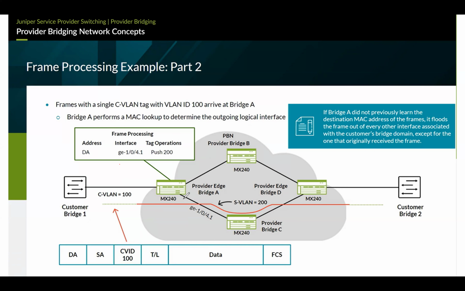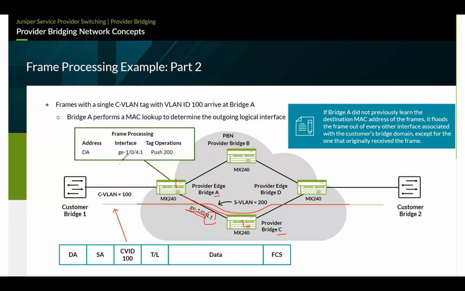So MX240, consider this is your interface between your service provider and a different bridge network or different router. So this router is acting as a switch basically. Consider this interface is directly connected from MX241 to 242, or you can say provider bridge A and provider bridge C. This is the directly connected interface, and say here the unit dot one.